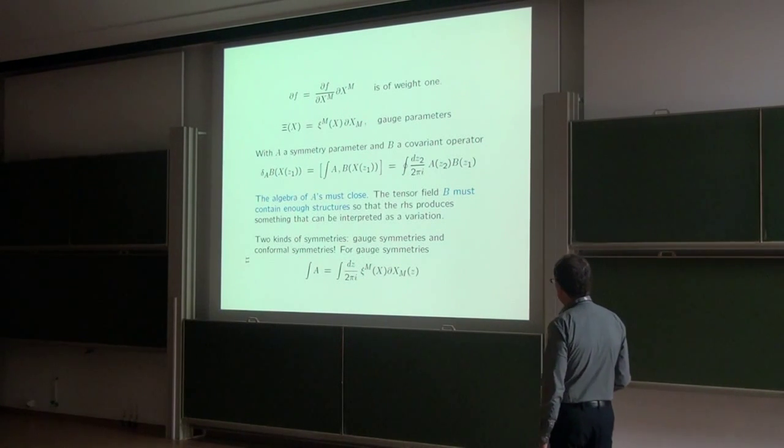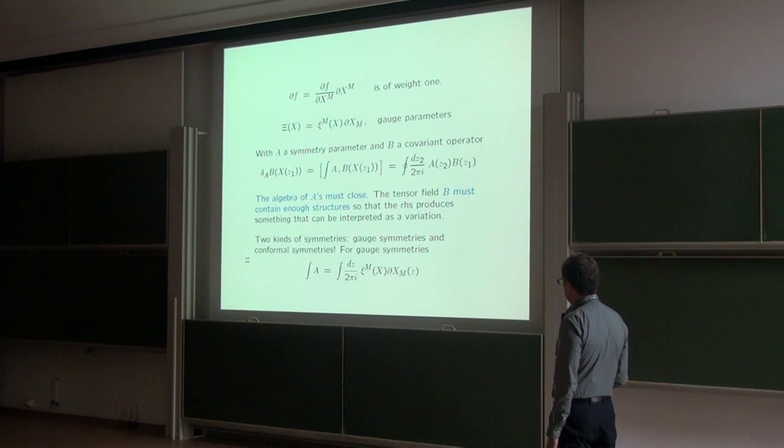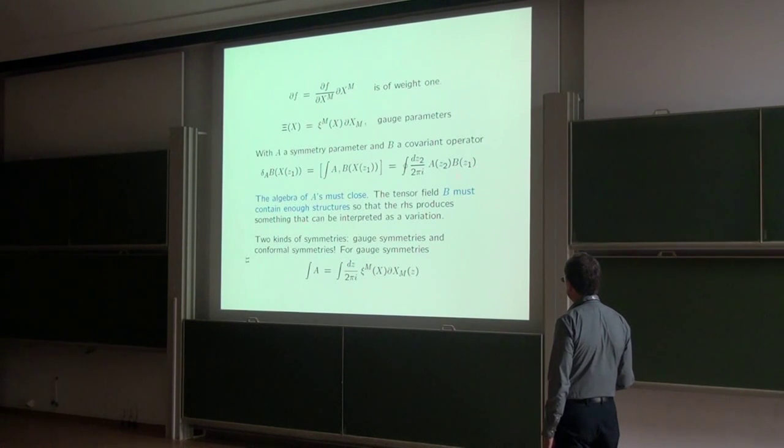And you can compute gauge transformations by doing what you do in conformal field theory. You integrate the current and take the commutator with the object whose gauge transformation you want to compute. So you do this.